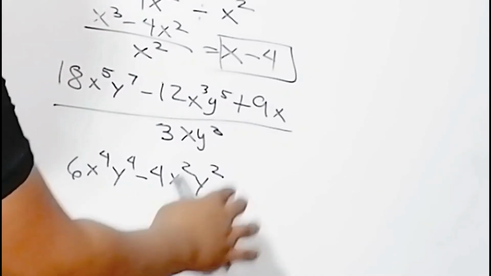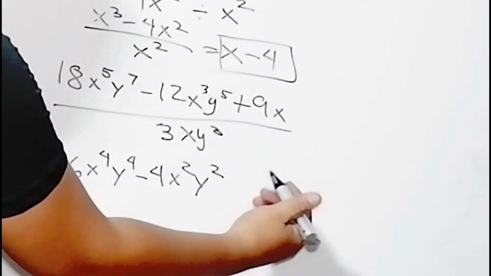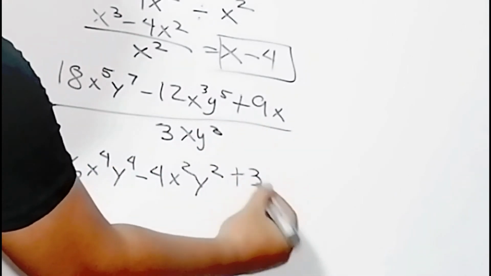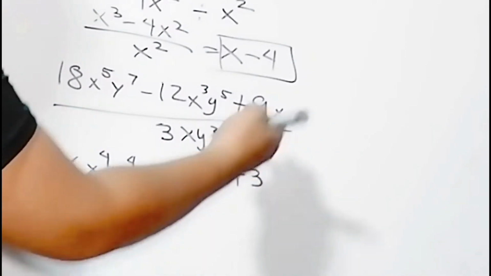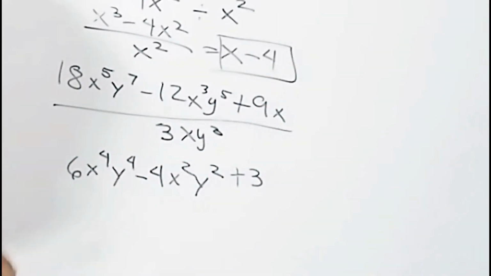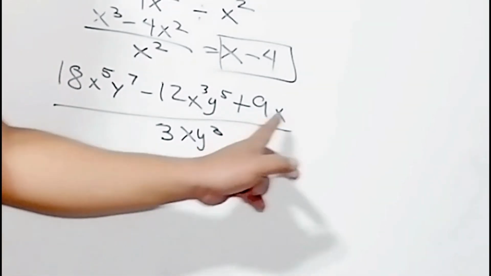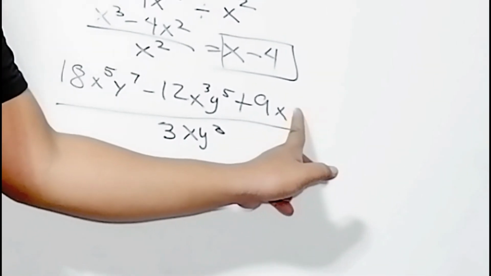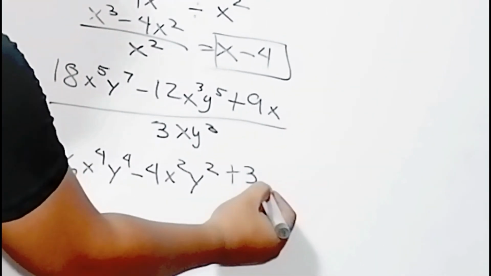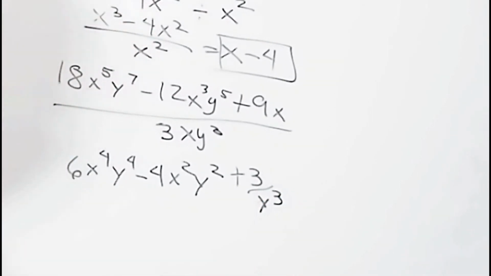And finally, I have positive 9 divided by 3, that is positive 3. X and x, I don't have any, so that will be cancelled out. However, my divisor has a y cubed, and there is no y variable in the numerator of the last term. So what I will do is, I just copy this as a denominator, so that will give me 3 over y cubed.